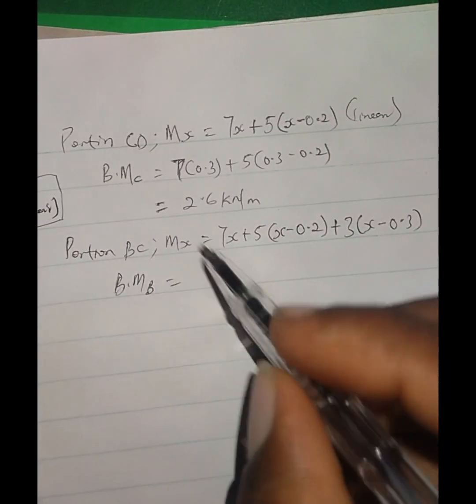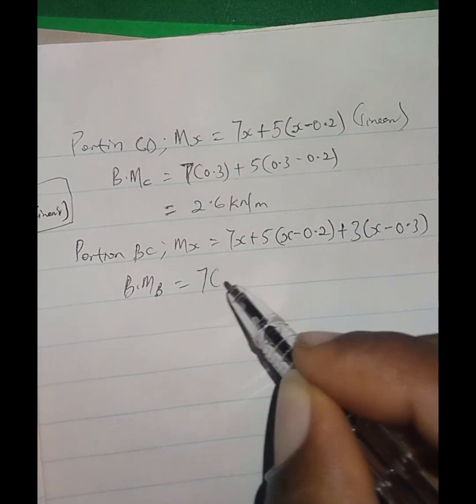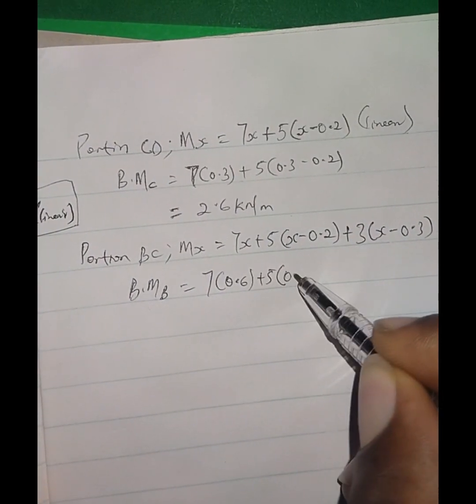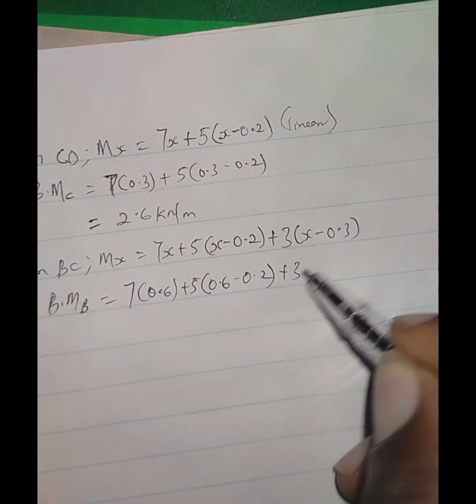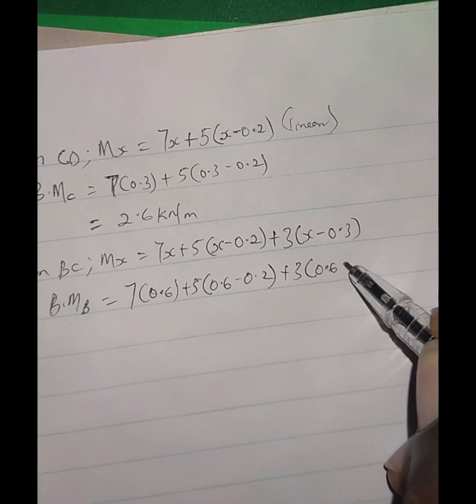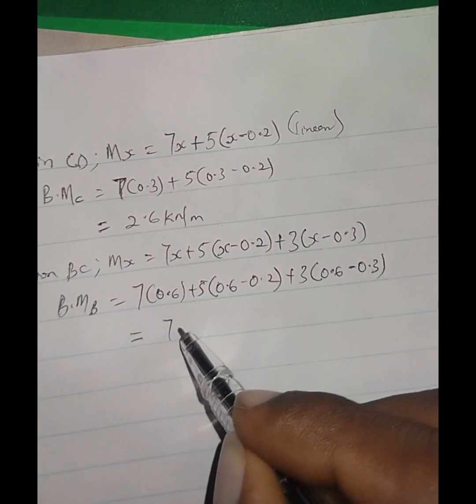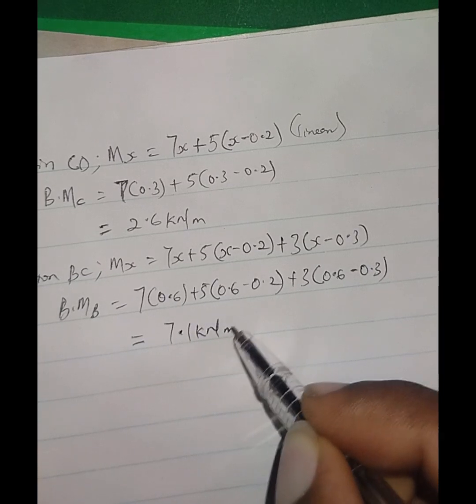So let's do 7 into bracket 0.6 plus 5 into bracket 0.6 minus 0.2 plus 3 into bracket 0.6 minus 0.3. That will give us 7.1 kilonewton meter.